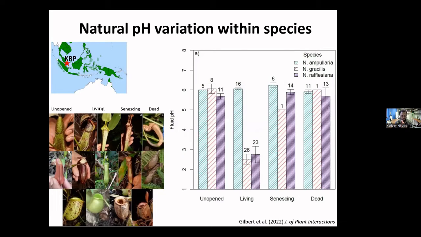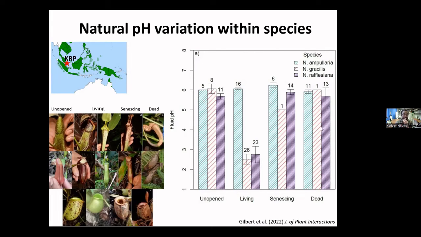So I'm going to go further into the importance of pH here, but I'll just transition by briefly mentioning this latest paper that came out. Just to mention that there's variation within species as well.